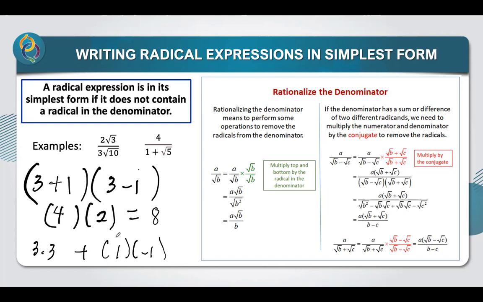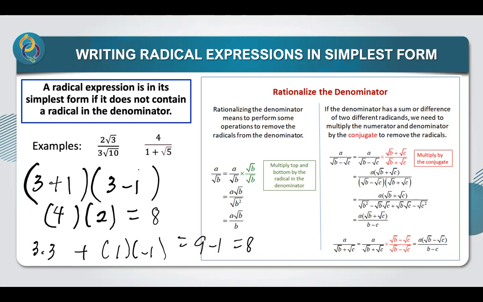Now what did I do there? I multiplied 3 times 3 and I multiplied 1 times minus 1. So 3 times 3 is 9. 1 times minus 1 is minus 1. So that is now 9 minus 1, which is equal to 8.